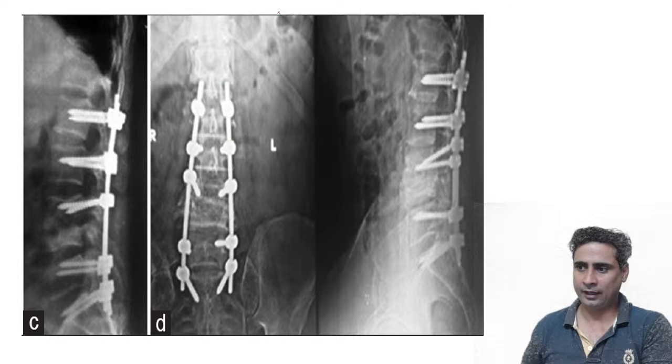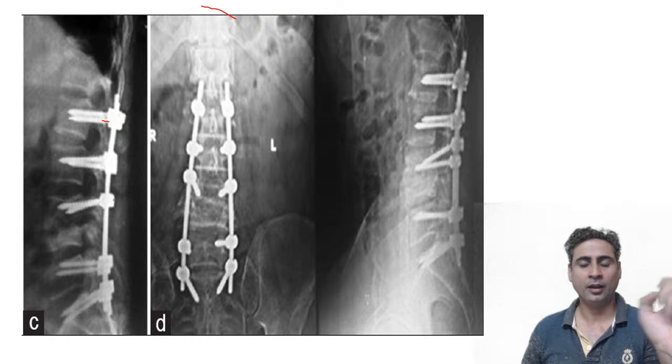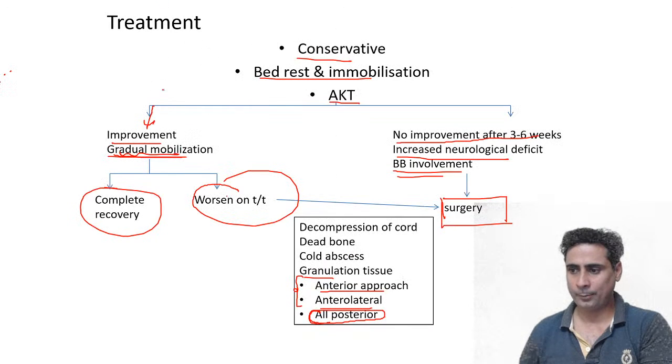Here I am showing you the X-ray also. You can see this is from the posterior side only, because this procedure is less morbid and further stabilization can be done by implant. So nowadays through the all posterior approach only, whenever possible we decompress the cord from the anterior side.